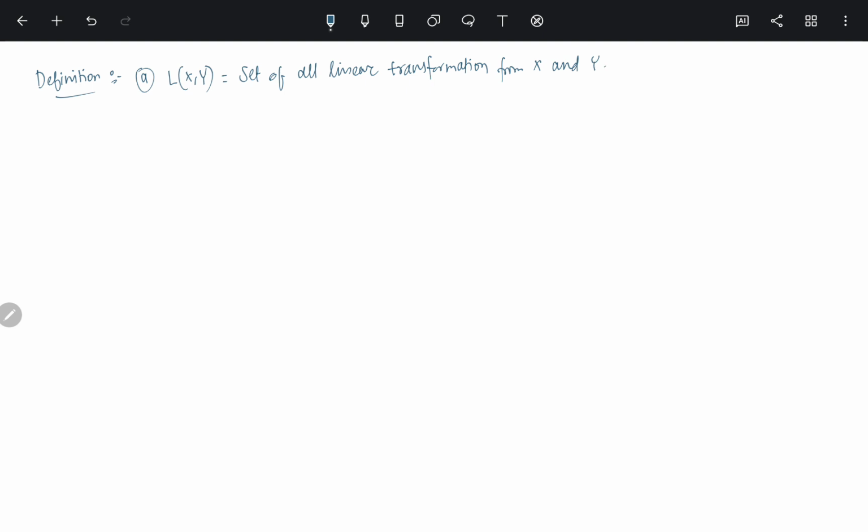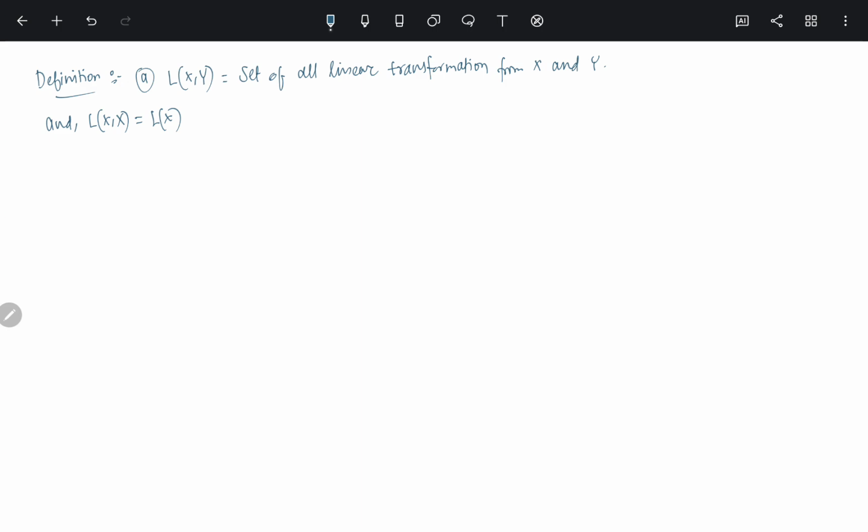Clear? And you see, if there is a linear map, an operator on X, it means that we just write L of X, X. So basically, a linear operator on X, we just write it as L of X. Clear? Okay. So this is just a notation which you are going to use, right? Okay.